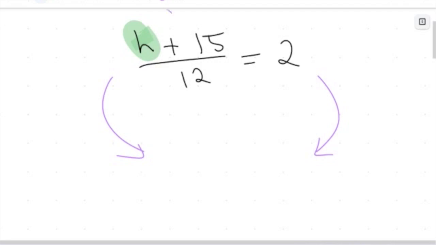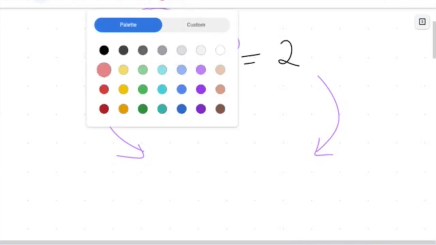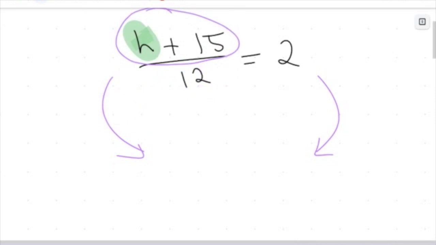Now, you can see this whole numerator, h plus 15, was divided by 12, and that gave me 2. So we can now try to find, well, what is h plus 15? Because we know that dividing it by 12 gives me 2. But let's use what we've been doing so far, and we can see that dividing by 12 was the very last thing we did.